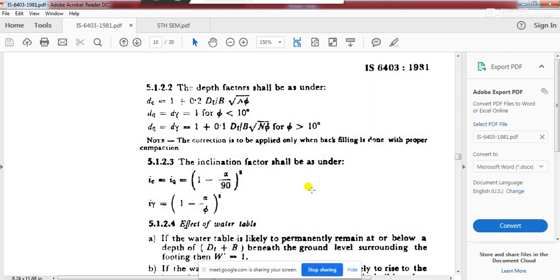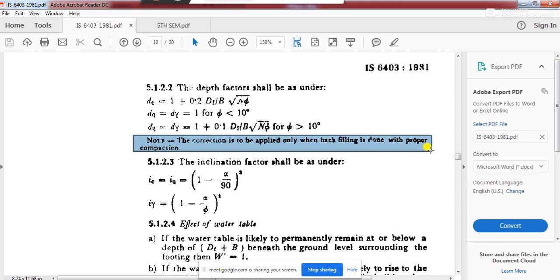This correction is to be applied only when backfilling is done with proper compaction. You should remember this very well. After you excavate the soil, in any case of foundation construction, you will have to excavate the soil. Without excavating soil, you cannot construct foundations, right?